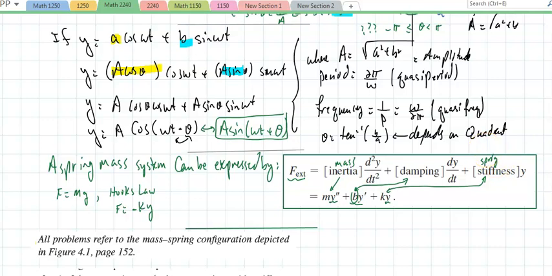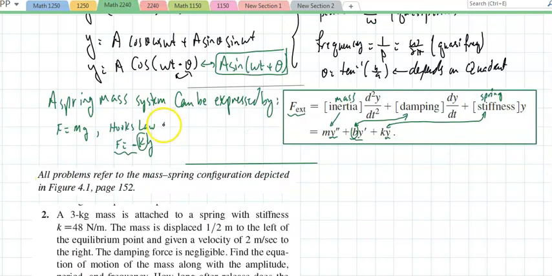To get the spring stiffness, we normally use Hooke's law, which is F equals, in this case, K times y, and you want to figure out how stiff this spring is every time. And the damping force is actually B times V, and in every problem they're very specific.